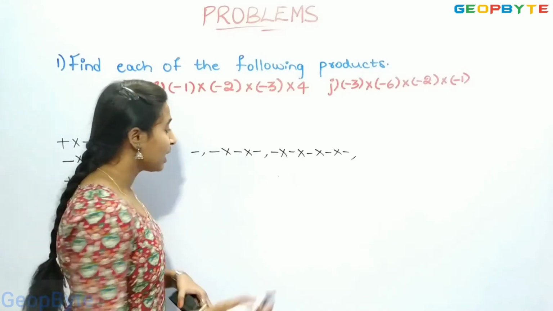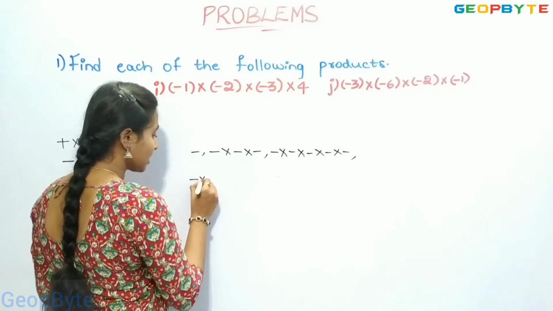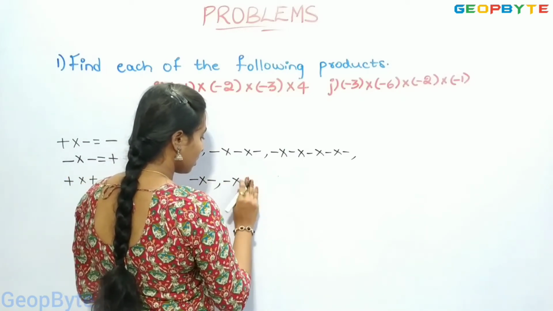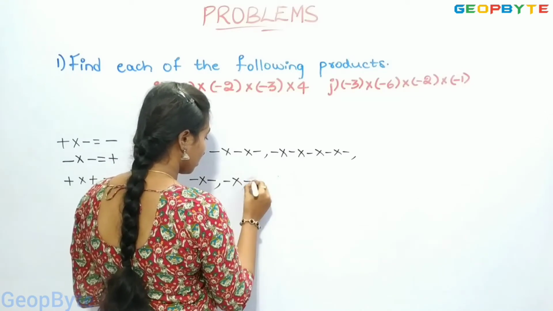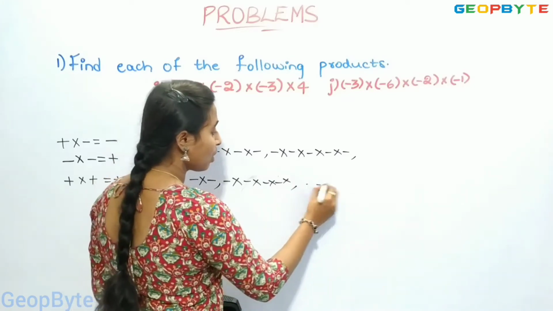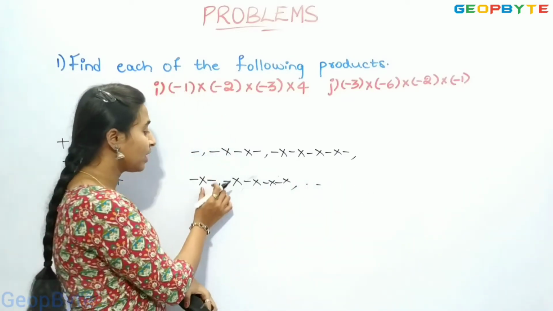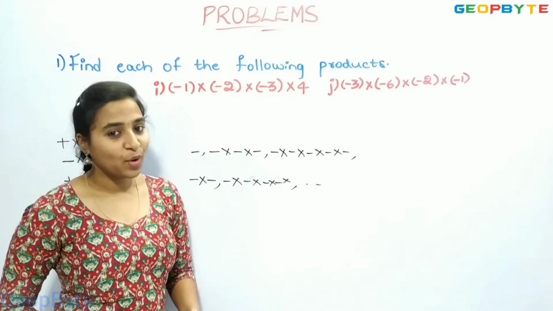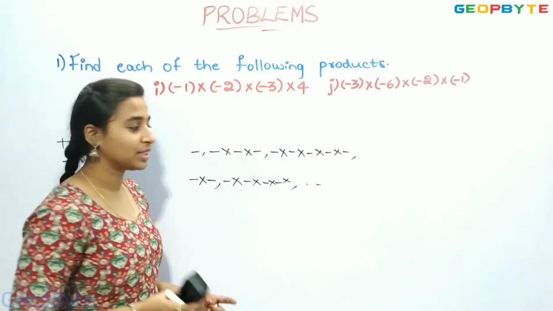When an even number of minus signs, that is 2 and 4 and so on, are there, the answer comes in positive integer. Remember this.